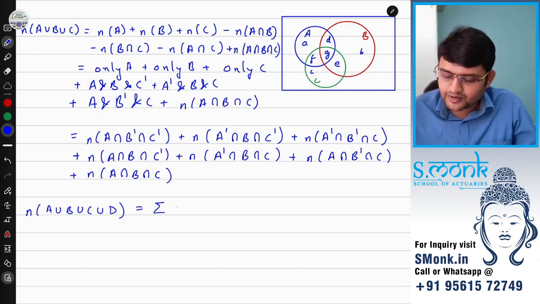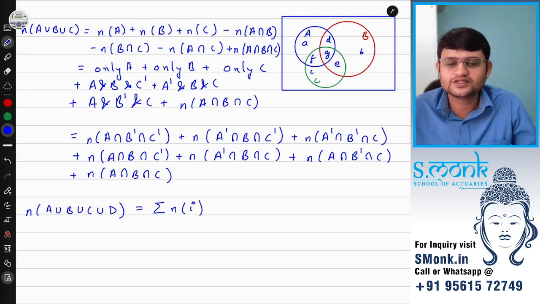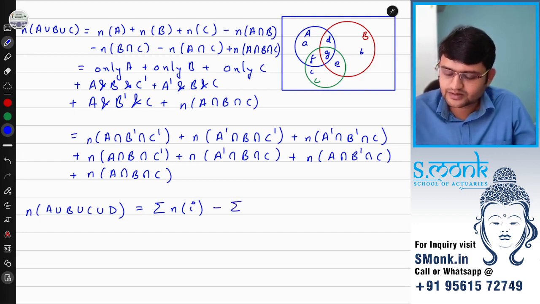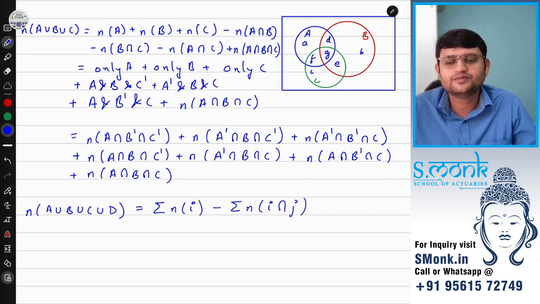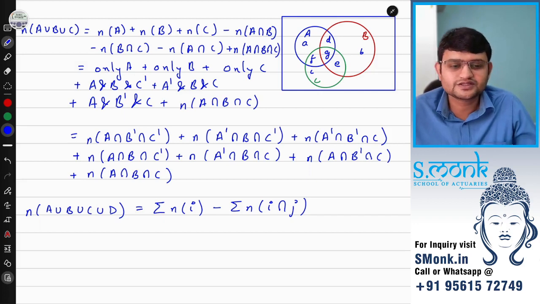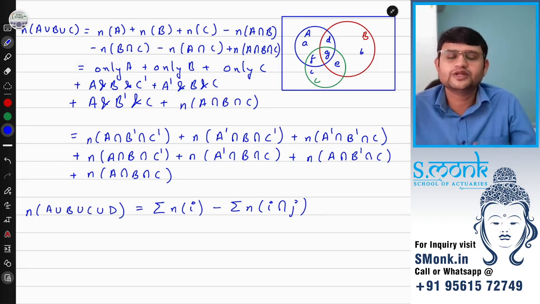So I'll add up, let's say, the number of elements in I. Then I will subtract the pairwise intersections. I'll write it as I intersection J. That would be A intersection B, B intersection C, C intersection D, D intersection A, A intersection C, B intersection D. All the combinations.